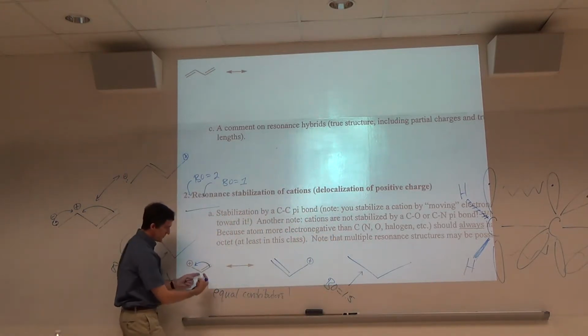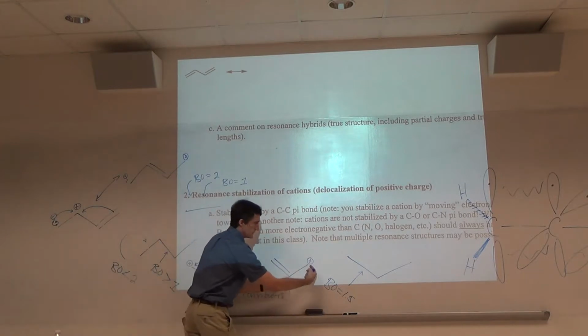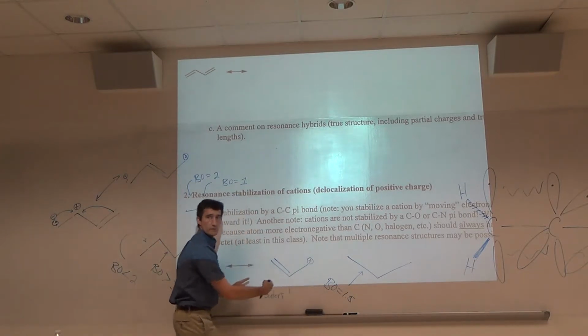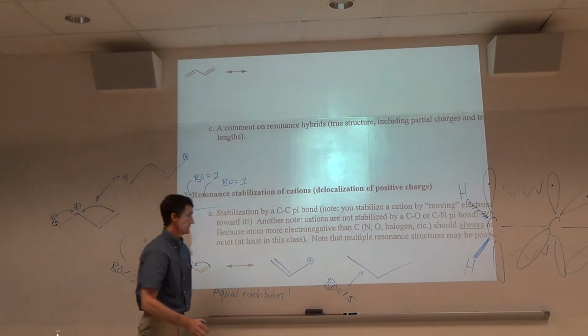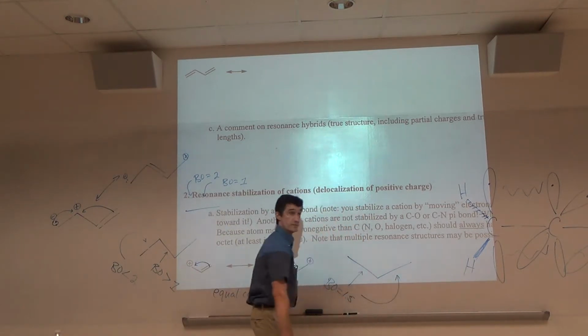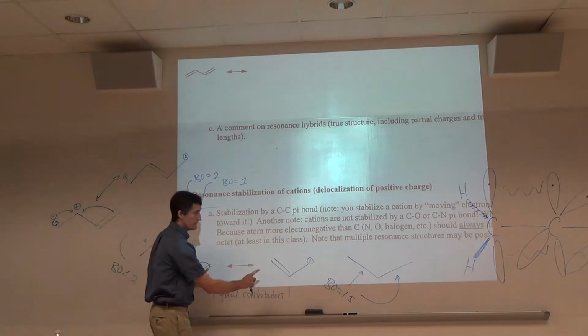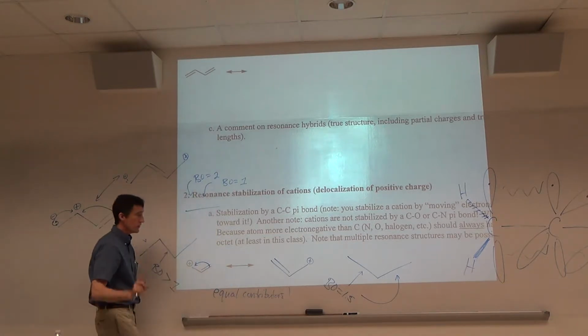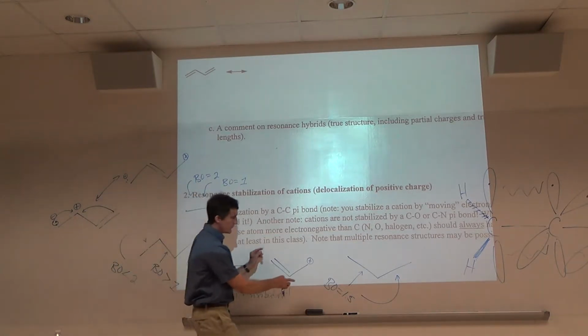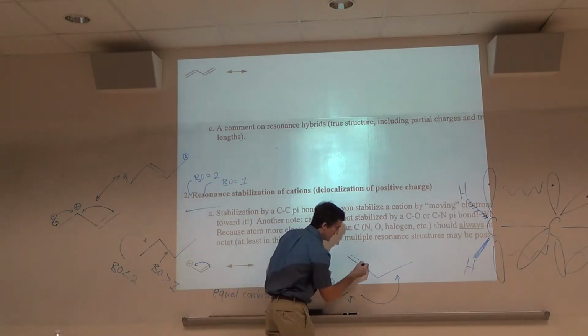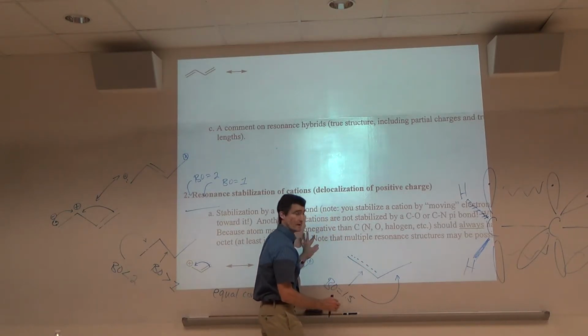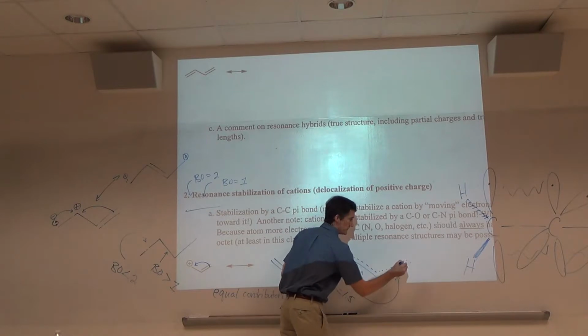Okay, what's the BO over here? Double bond and single. What's the exact average? 1.5. This is a 50-50 blend. Now, since this is 1.5, you often see this drawn like 1.5.